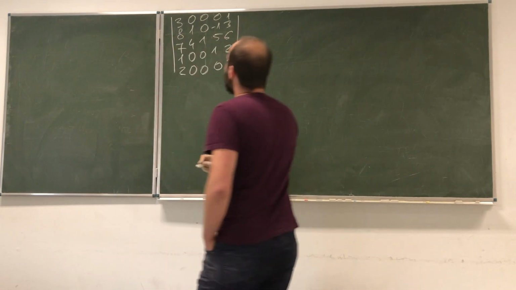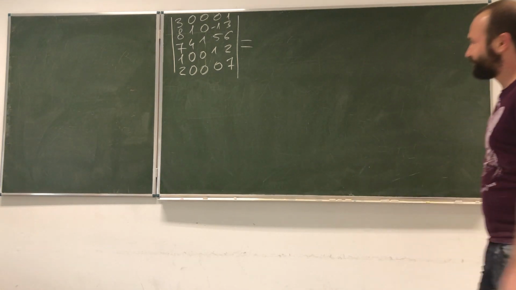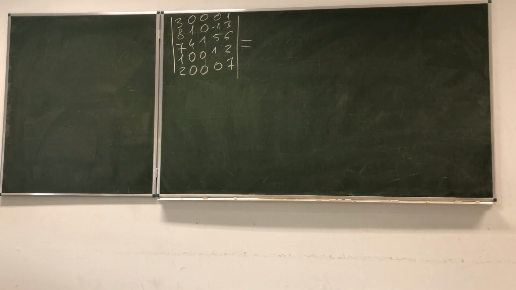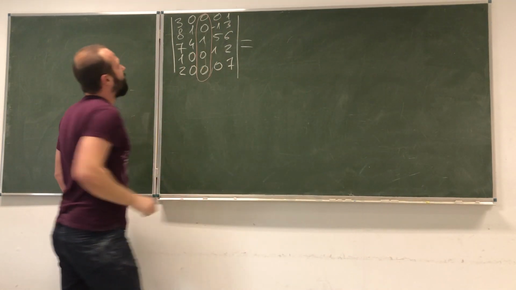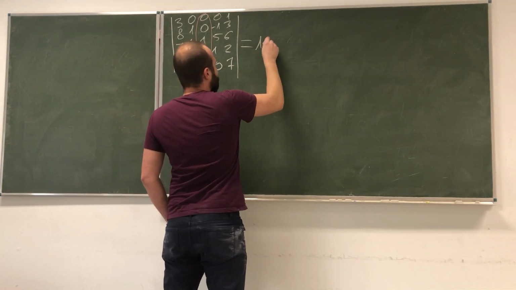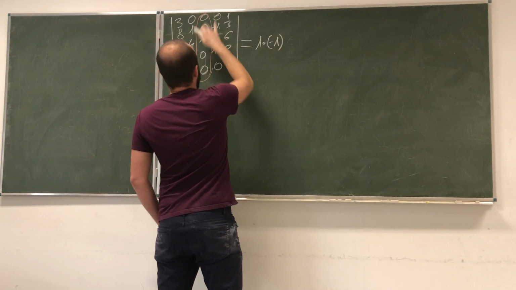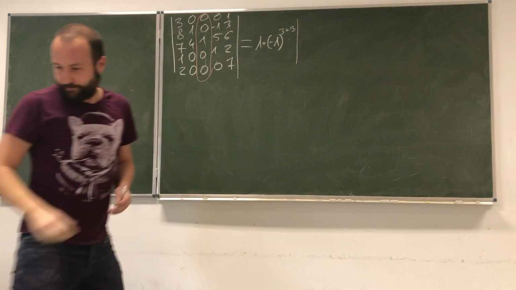Okay, and now again we start by Laplace expansion. We start by choosing the best row or a column. Here, definitely, this is the column we should use. Okay, and so what am I writing? 1 times negative 1 to the power 3 plus 3 times the minor.